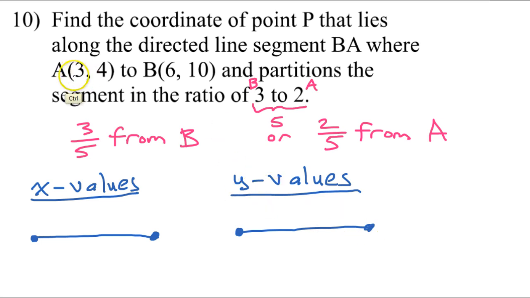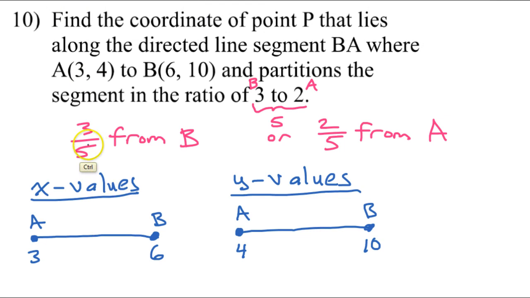So as before, the x values are 3 and 6. So there's my 3 and my 6, and that is A and B. And my y values are still 4 and 10. So this will be 4 and 10, and that's still A and B. All of that is the same.